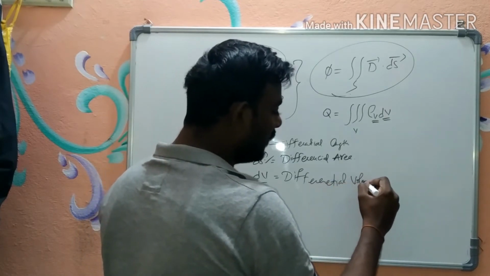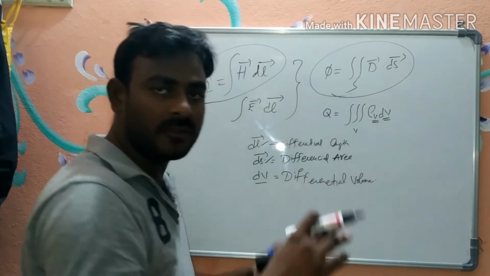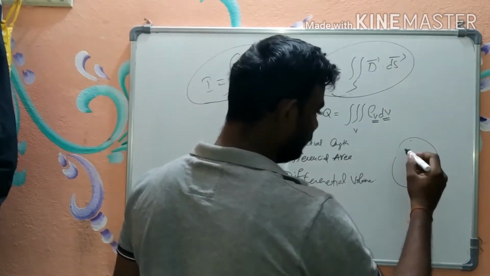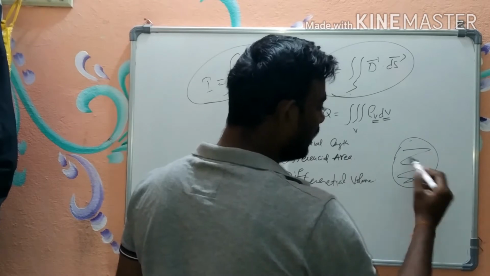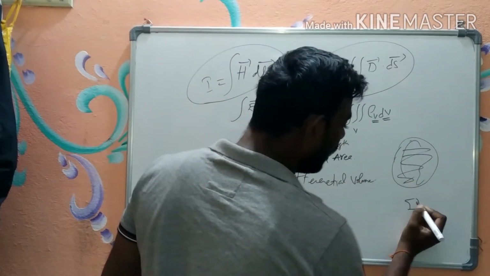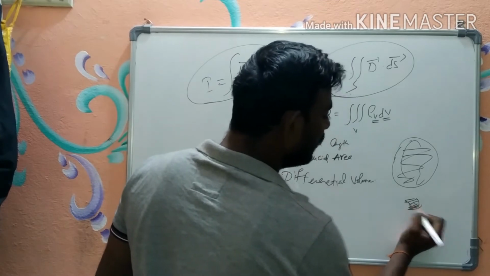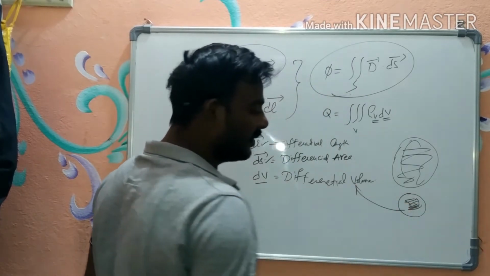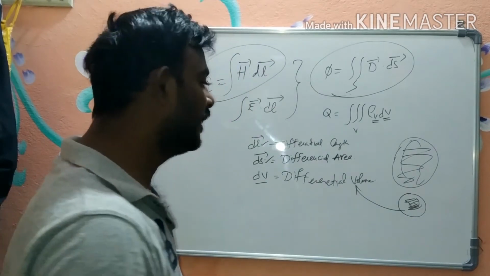Differential volume is nothing but a bit of volume out of the entire object. For example, I have a solid sphere. Out of this sphere, I consider a small portion like this. Then the volume of this small bit is called the differential volume.